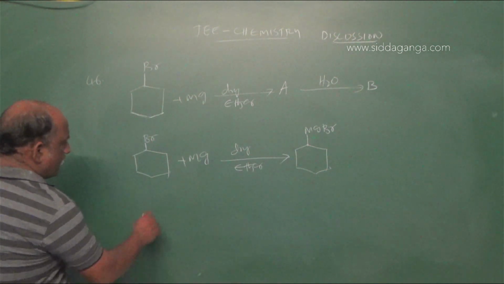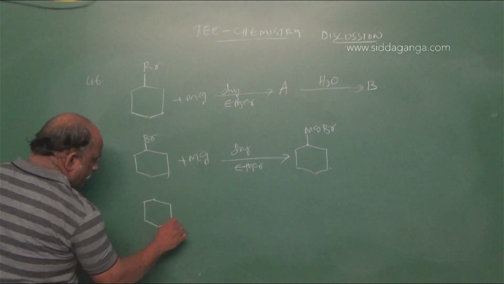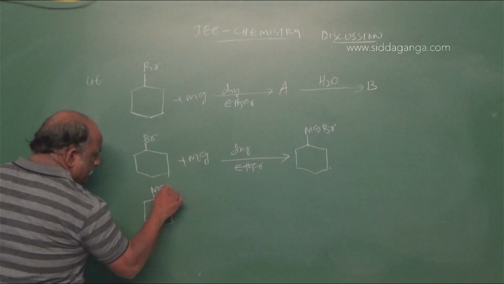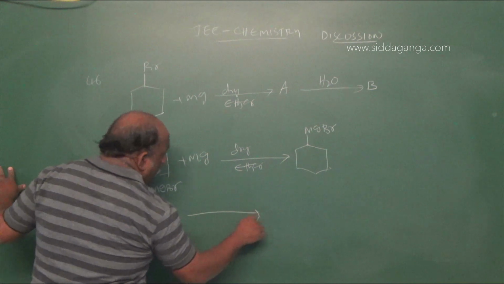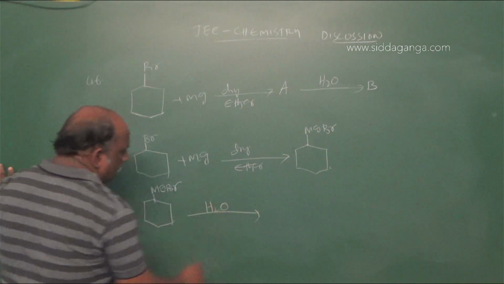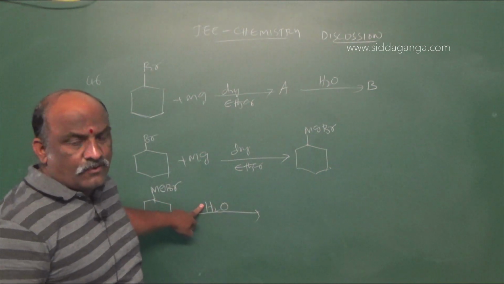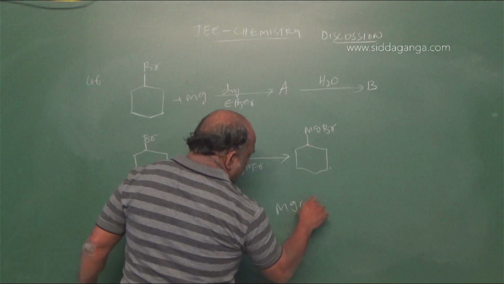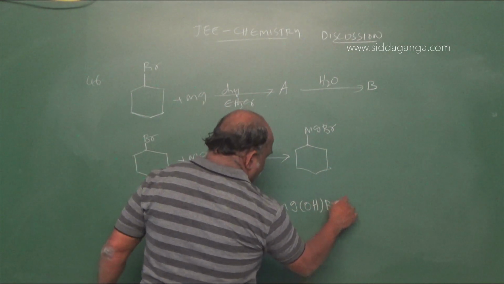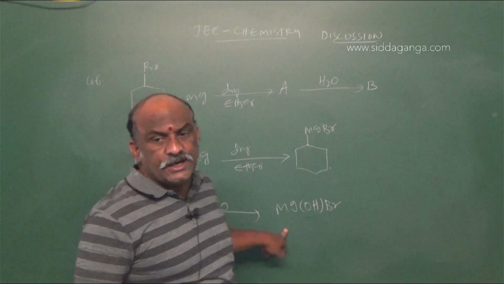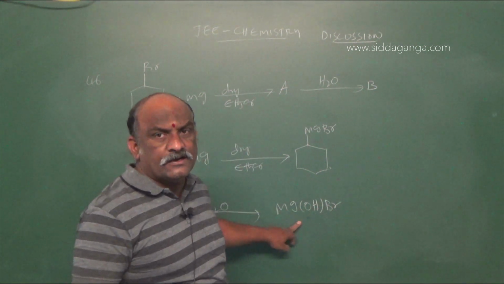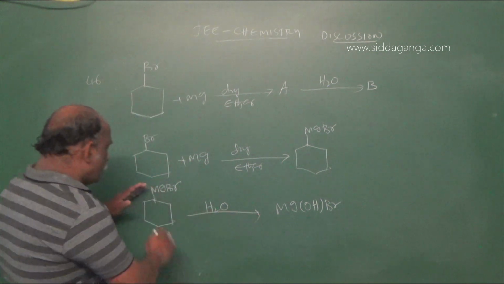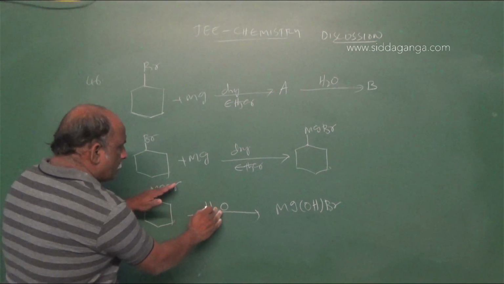And in the second step, this MgBr undergoes hydrolysis. Hydrolysis gives one compound, MgOHBr, hydroxy magnesium bromide. You should remove the MgBr with OH.